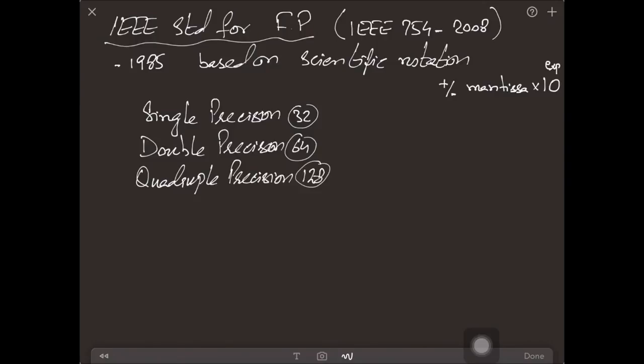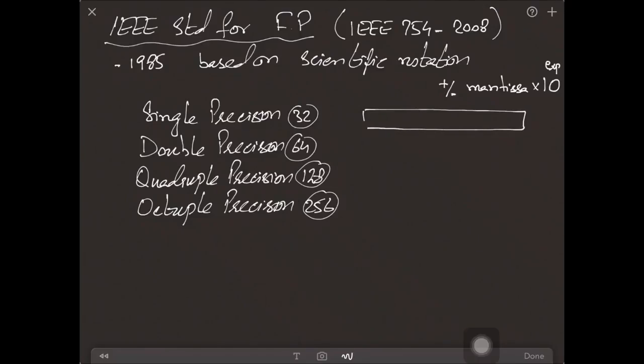And finally, some systems do support octuple precision, which is of 256 bits. Well, in a similar fashion, we have three things which we need to store, and that is the sign bit, the exponent part, and the mantissa part. This is the mantissa part, this is the exponent part, and this is the sign part.